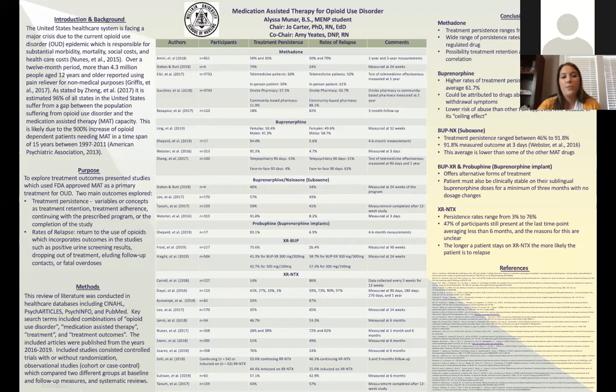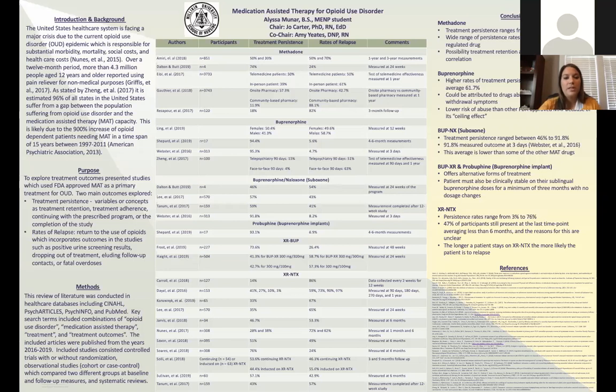So I'm sure as everyone's aware, in the current state of our country, we are suffering from an opioid epidemic. It's estimated that over 4.3 million people aged 12 years and older reported using some form of pain reliever for non-medical purposes. And when we talk about treating these people, 96% of states suffer from a gap between the population diagnosed with opioid use disorder and the MAT capacity that we have to treat these people.